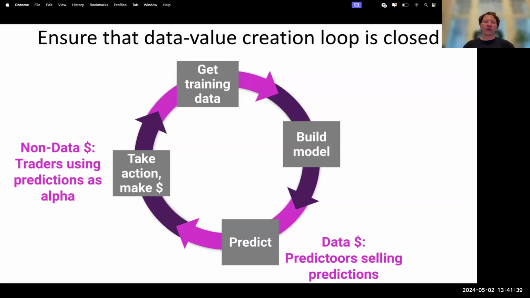And then, of course, you want the traders to be buying data, right? And in this case, they're buying the predictions from the predictors. So we've got traders, we've got predictors. It's a two-sided platform. And overall, with this diagram, I just wanted to emphasize that we want to make sure that this data value creation loop is closed. And critically, take action, make money, right? In this case, it's traders.